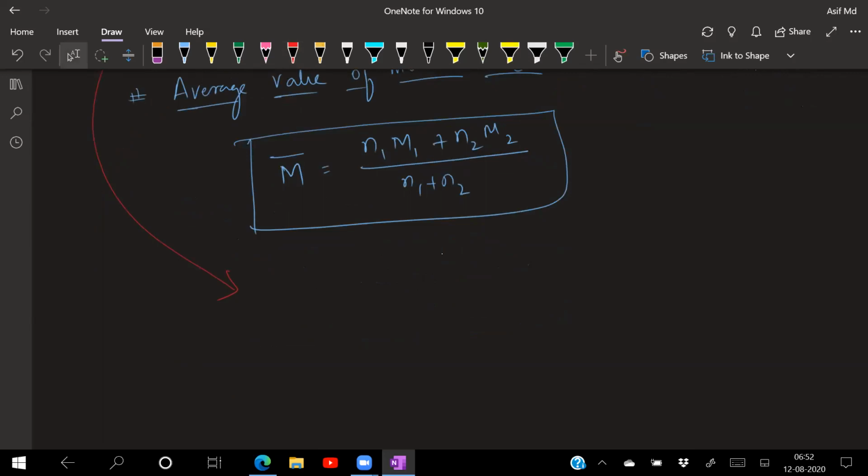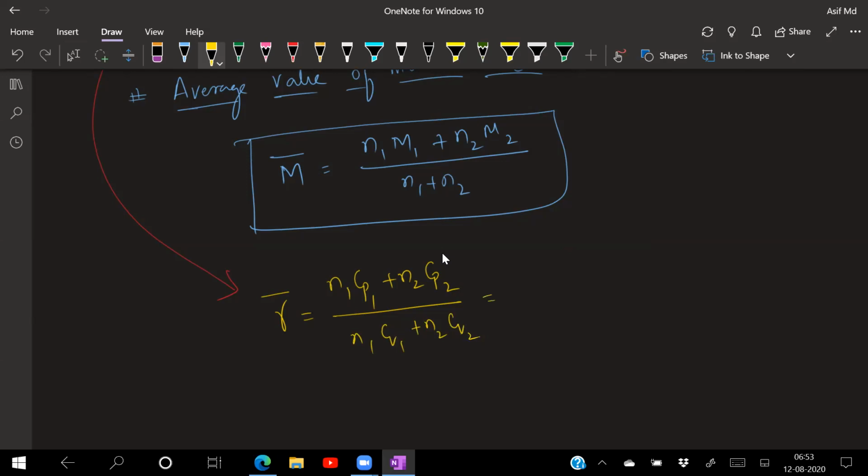So gamma bar is equal to, what is the relation I got? N1 Cp1 plus N2 Cp2 divided by N1 Cv1 plus N2 Cv2.